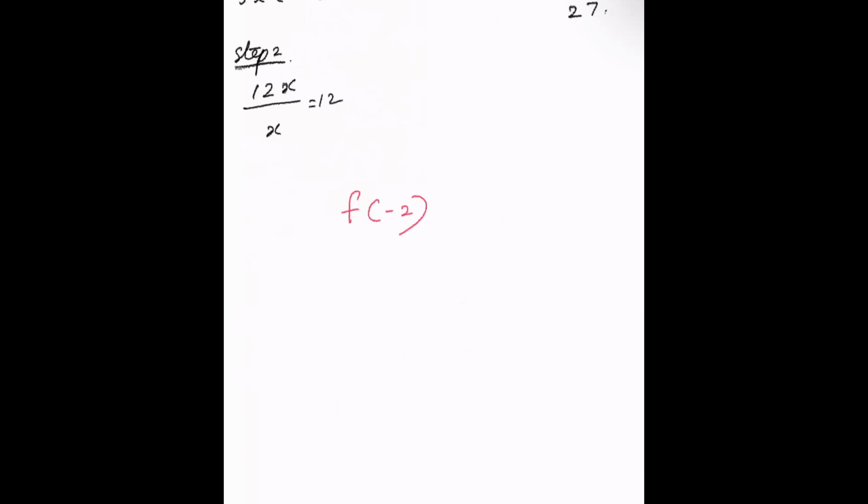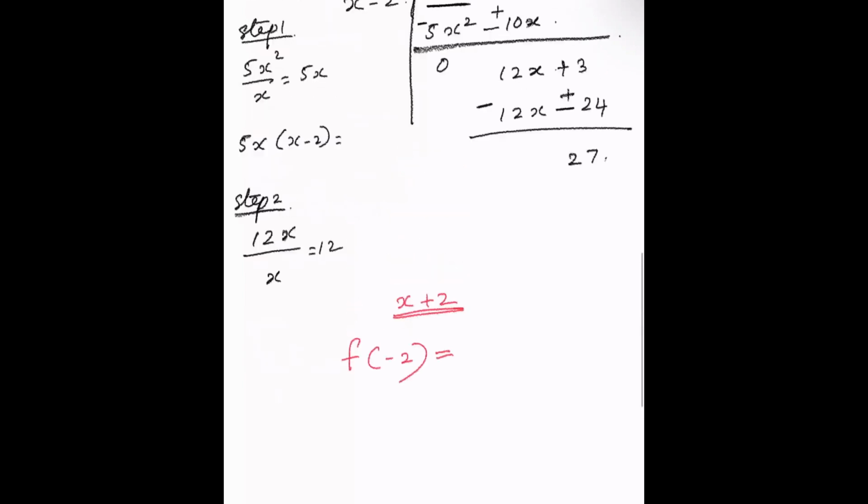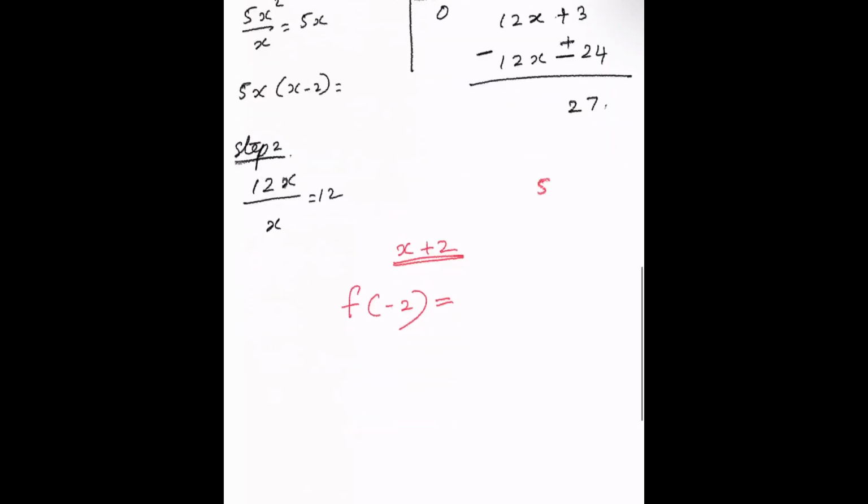f of minus 2 means I am dividing the given polynomial by x plus 2. What will be the remainder? If I want to know the remainder, I just need to substitute the given polynomial's x with negative 2. The polynomial is 5x square plus 2x plus 3, right?